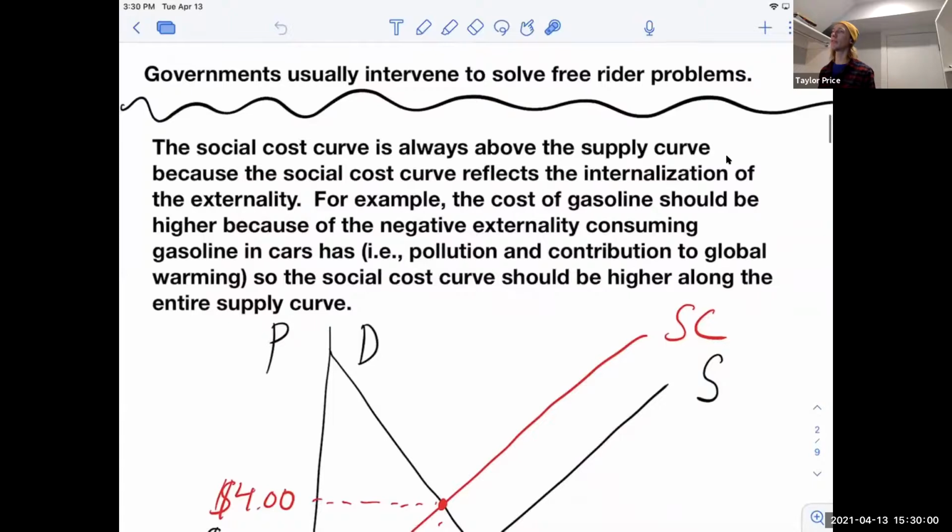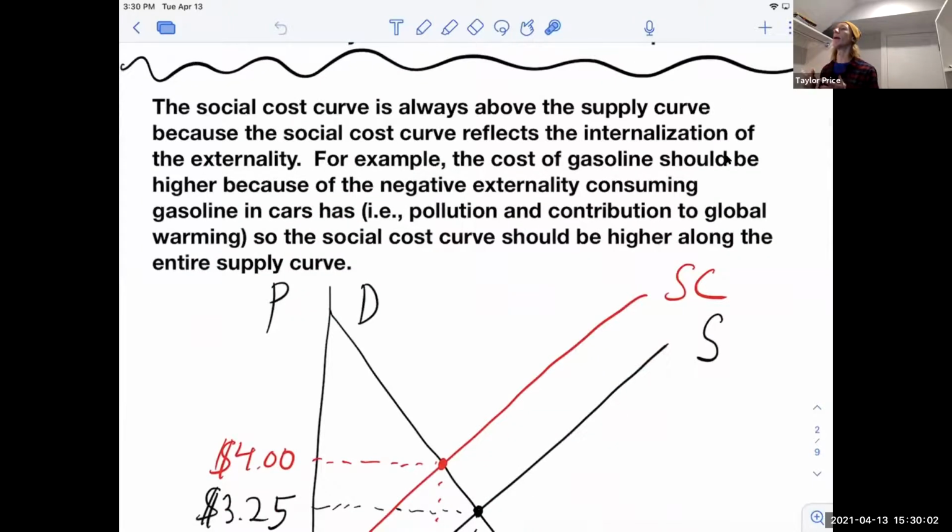Another question was asking about the social cost curve and why the social cost curve is above the regular supply curve. Good question. It's really important to understand what a negative externality is. The social cost curve is basically always above the supply curve because the social cost curve, which is the red line here, reflects when we internalize the negative externality.